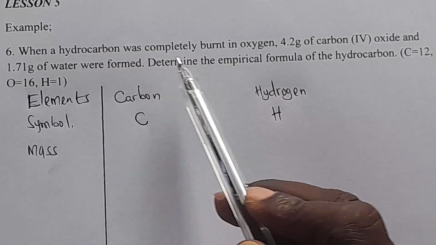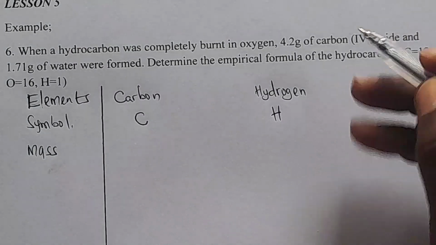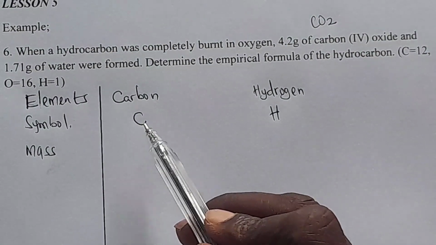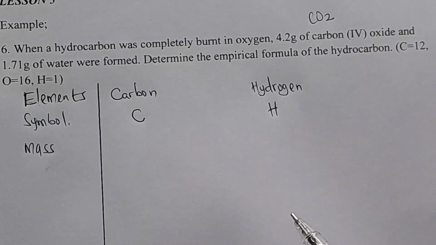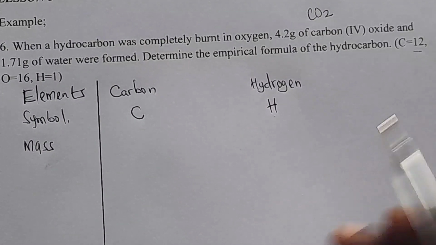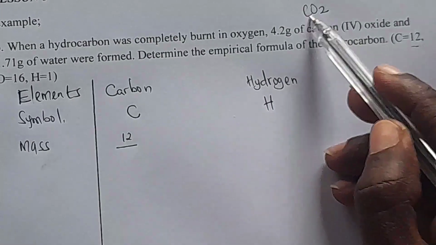When a hydrocarbon was completely burned in oxygen, 4.2 grams of carbon dioxide. How do you write carbon dioxide? CO2. Here we want the mass of carbon, so we can get it from carbon dioxide. How many carbon do you have in carbon dioxide? That's 1. The relative atomic mass of carbon is 12. So we say 12 over the total mass.